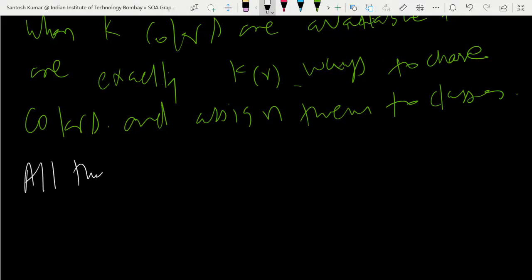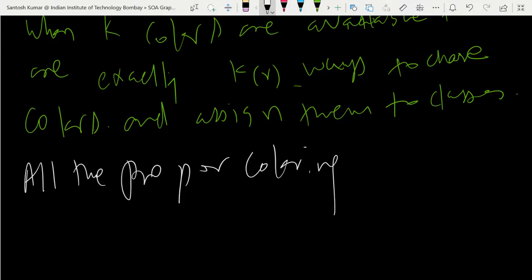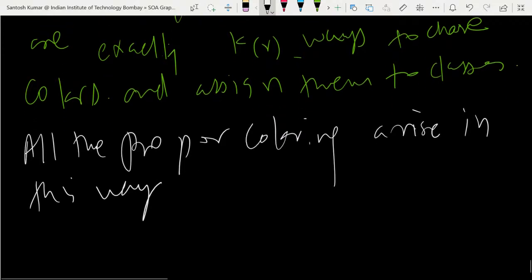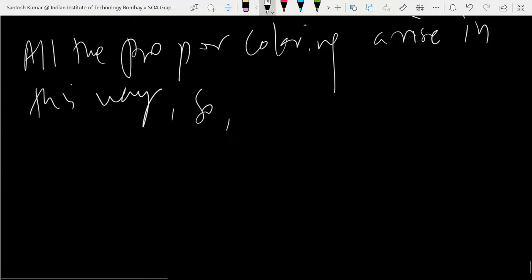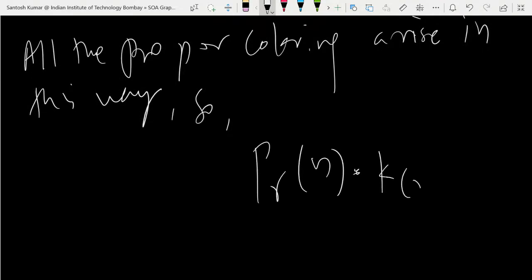And all the proper colorings arise in this way, okay. So you can simply say that PRG is the total number of partitions, and the number of ways you can distribute R colors out of K colors to the color classes is this, and R varies from 1 to the number of vertices, so the formula is established.